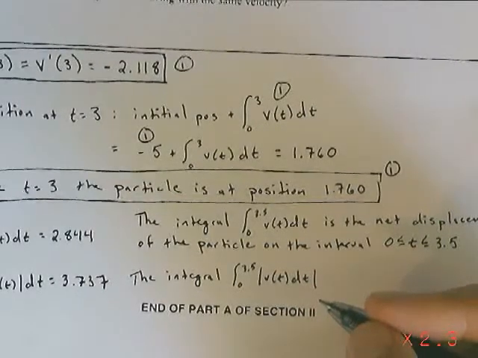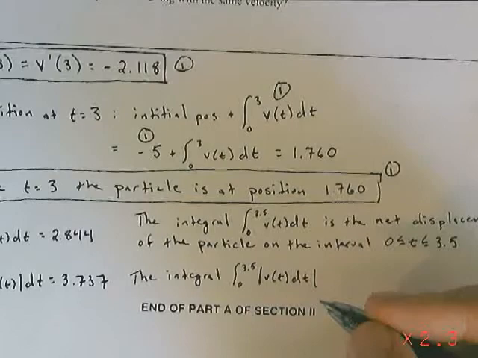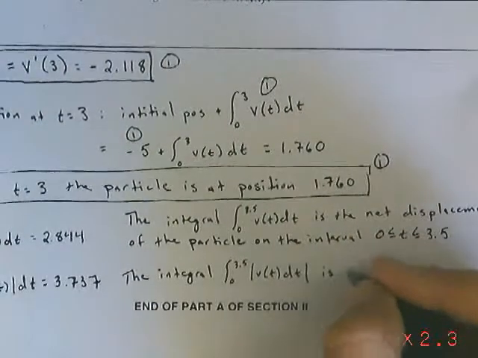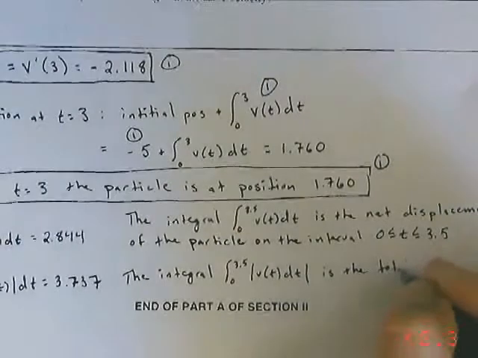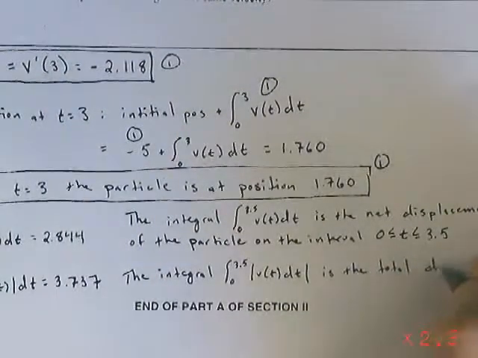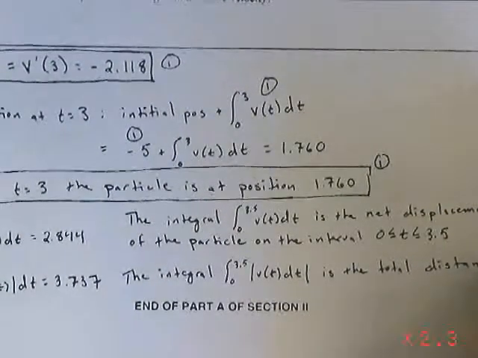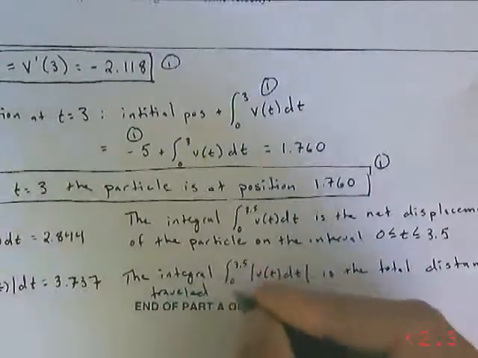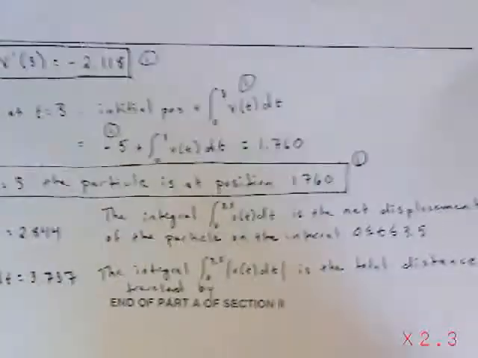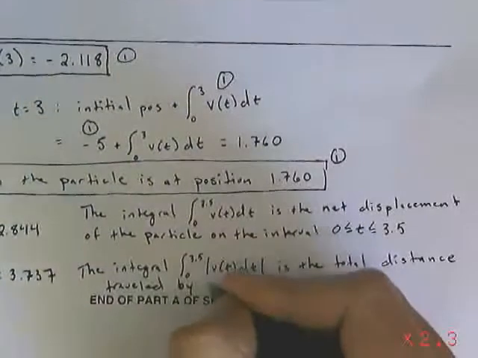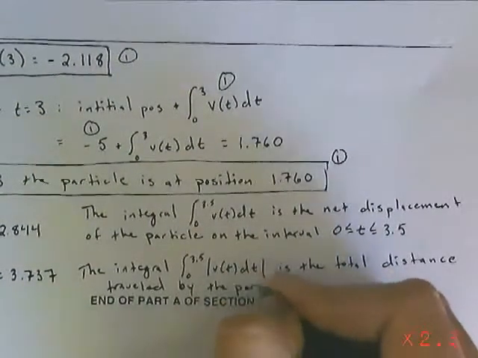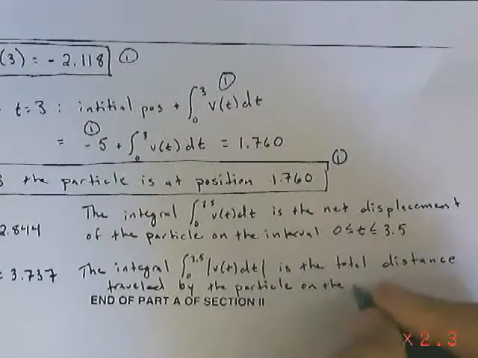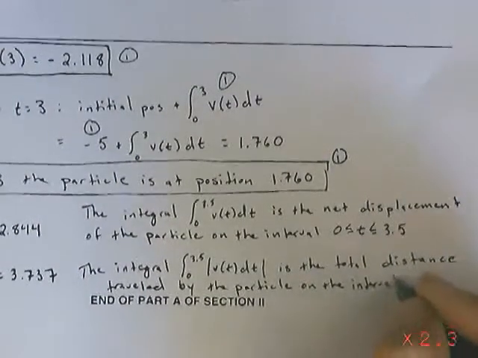Okay, and so we know that that means this is going to tell us the total distance traveled by that particle on the interval between 0 and 3.5.